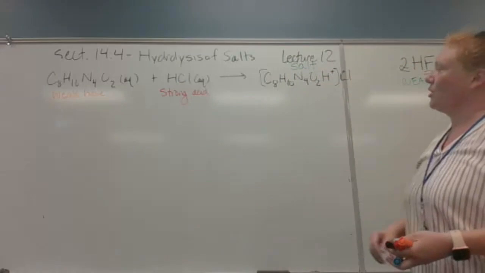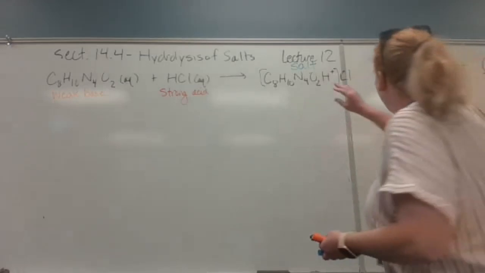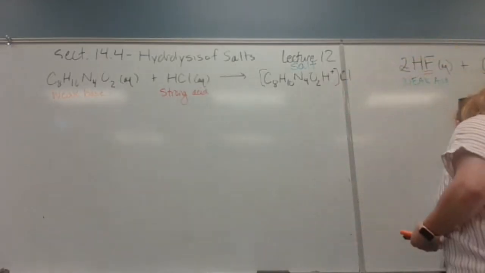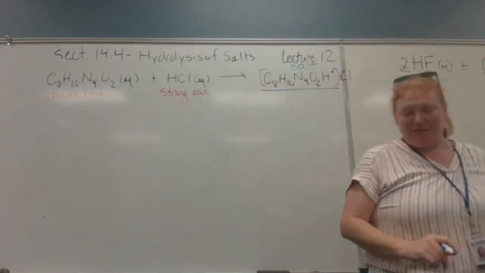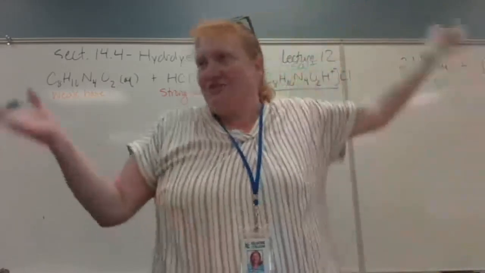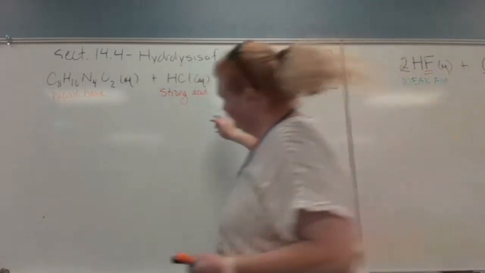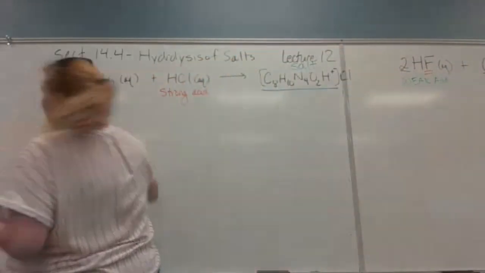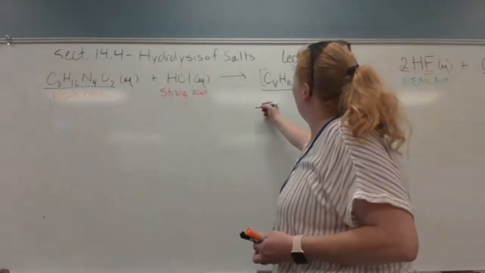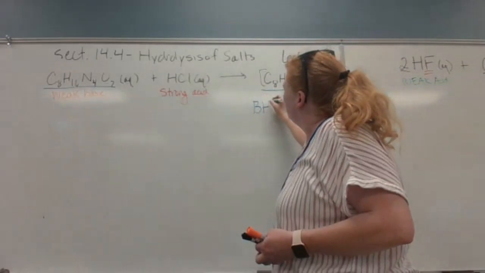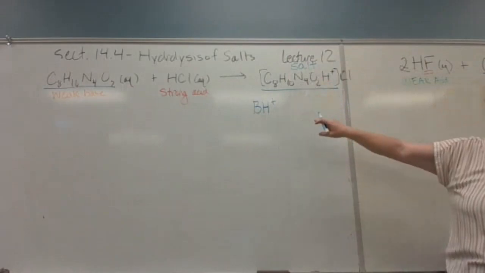Let's identify what we can about the cation and the anion from this salt. So my cation is this guy. Does it have a name? I'm sure it does. I don't care that you know it. Where did this come from? It came from a weak base. Can I just write this instead of this?